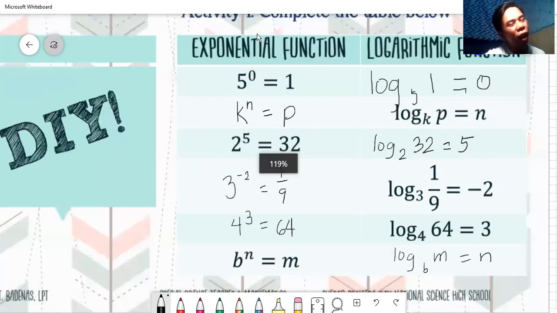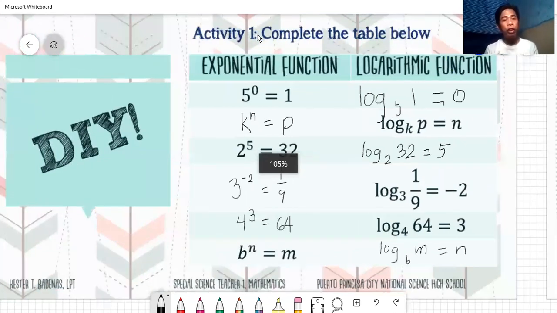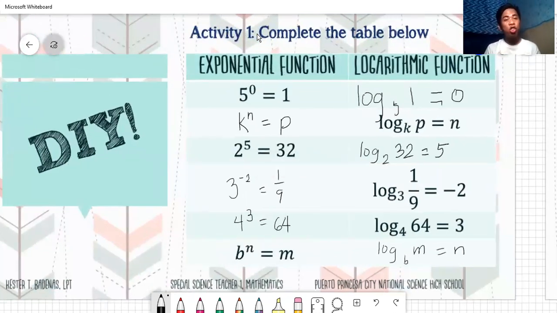If you are unsure of your answers, just check if it's really correct or if it really makes sense. For example, if we have here logarithm of 1/9 with a base 3 is equal to negative 2, and you have the exponential function, try to check if the exponent yields the correct answer.